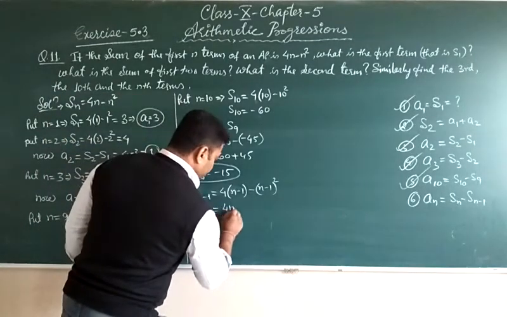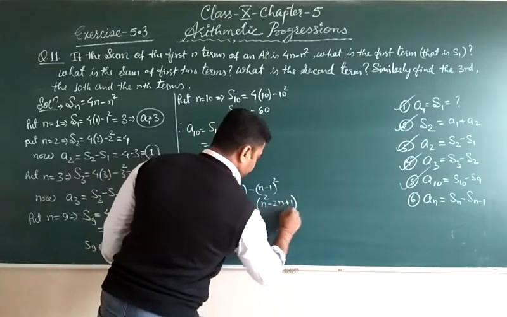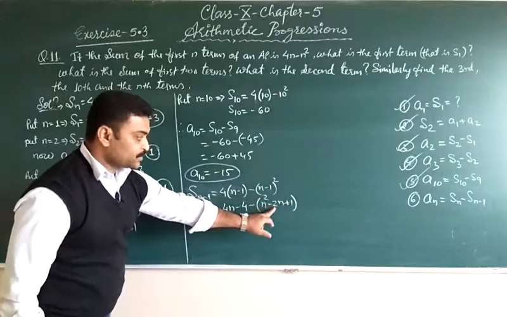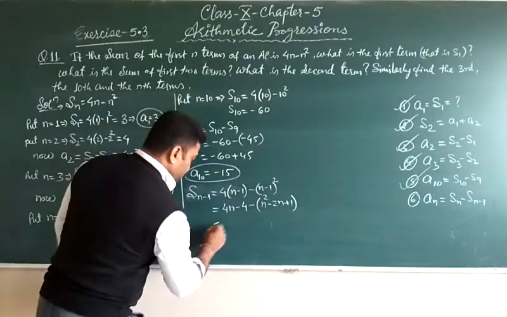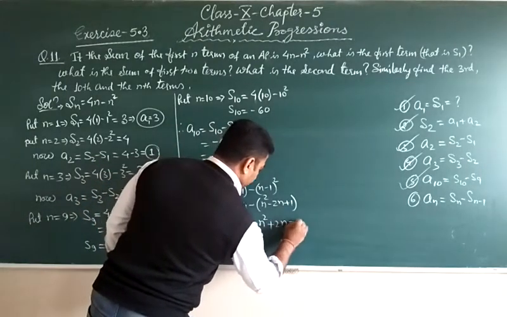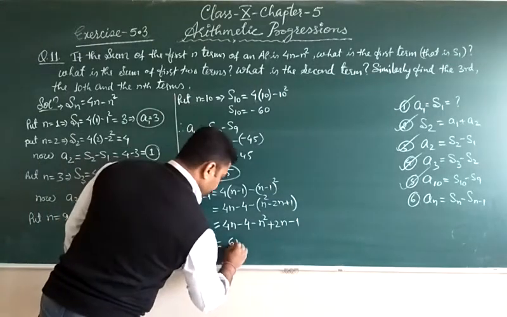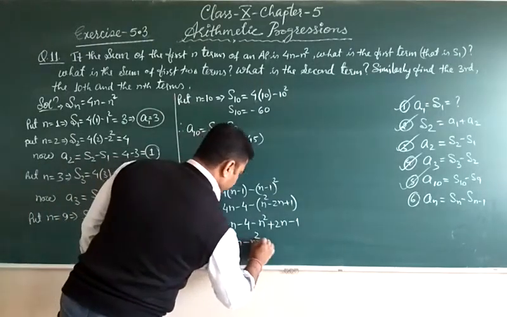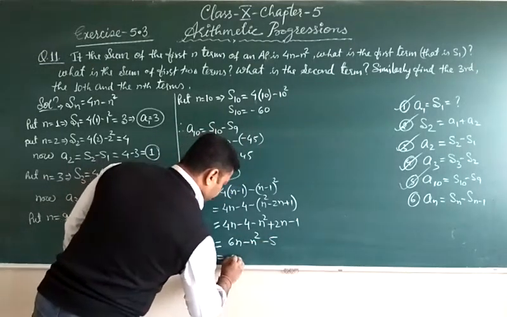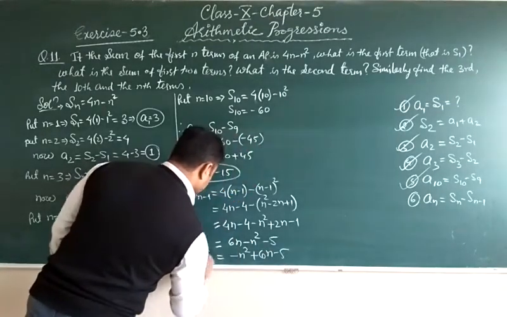Then 4n minus 4 minus n square minus 2n plus 1. Got it? A minus b whole square is a square minus 2ab plus b square. This is equal to 4n minus 4 minus n square plus 2n minus 1. So here 4n plus 2n, that is 6n, minus n square minus 5, or we can write minus n square plus 6n minus 5, Sn minus 1.